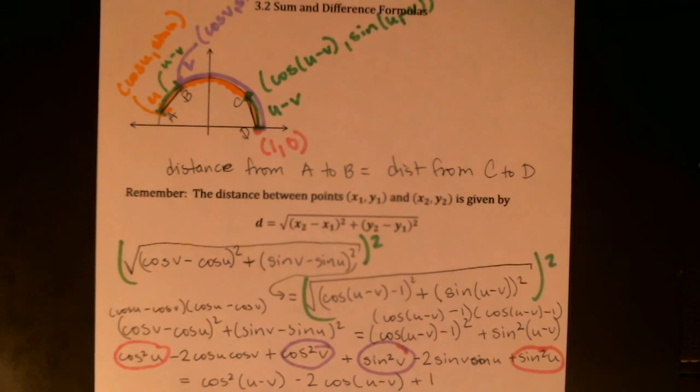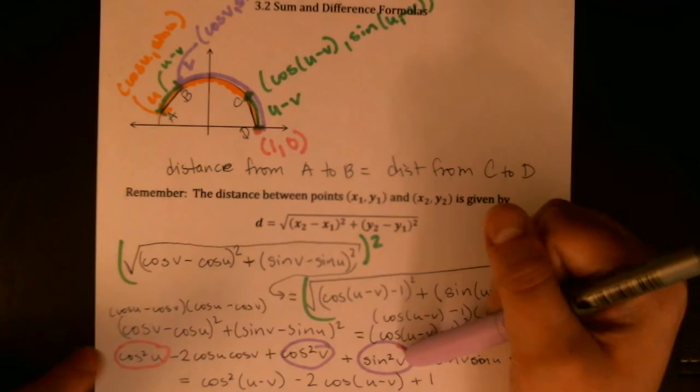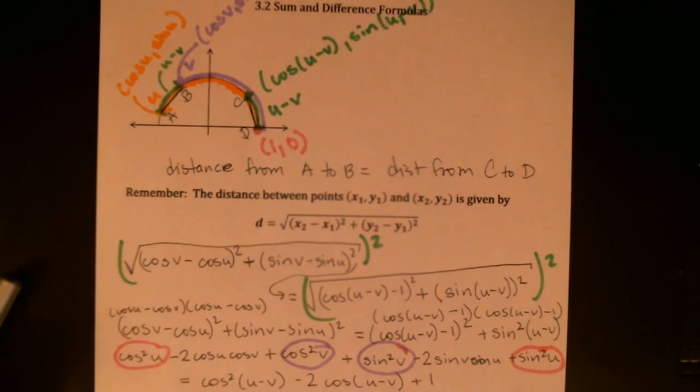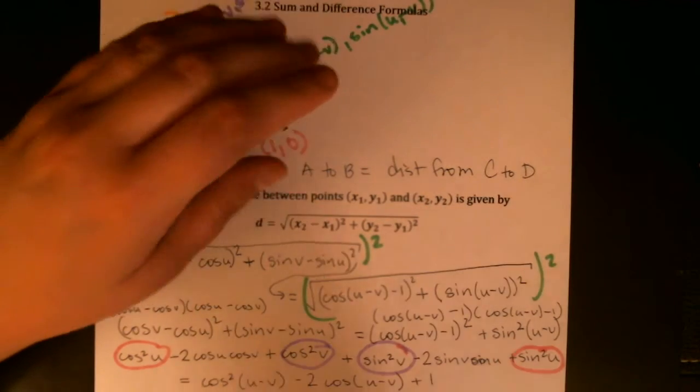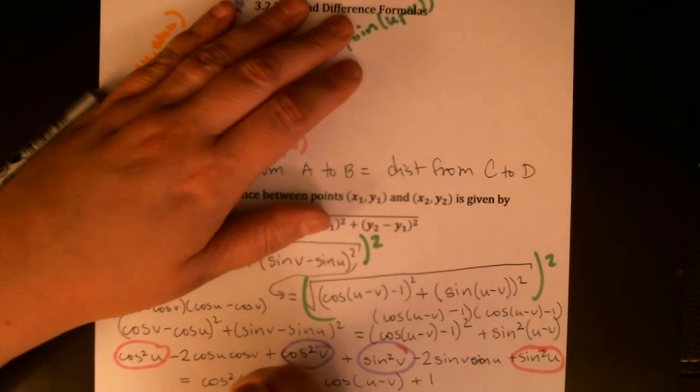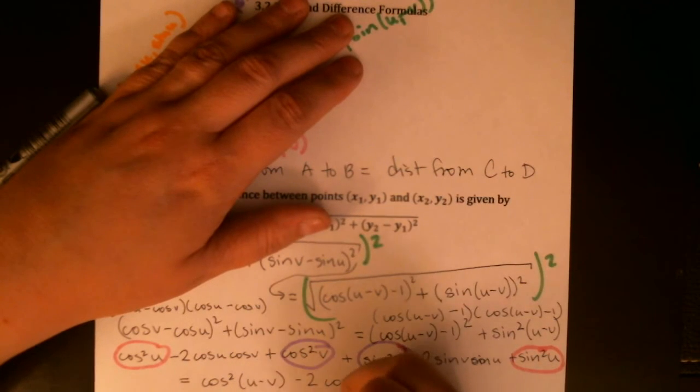Notice it really is important. I couldn't say cosine squared U plus sine squared V equals 1. They have to be the same angle, but I have two really nice pairs. And then anything else good? It doesn't look like it. I have a negative 2 cosine U cosine V minus 2 sine U sine V.